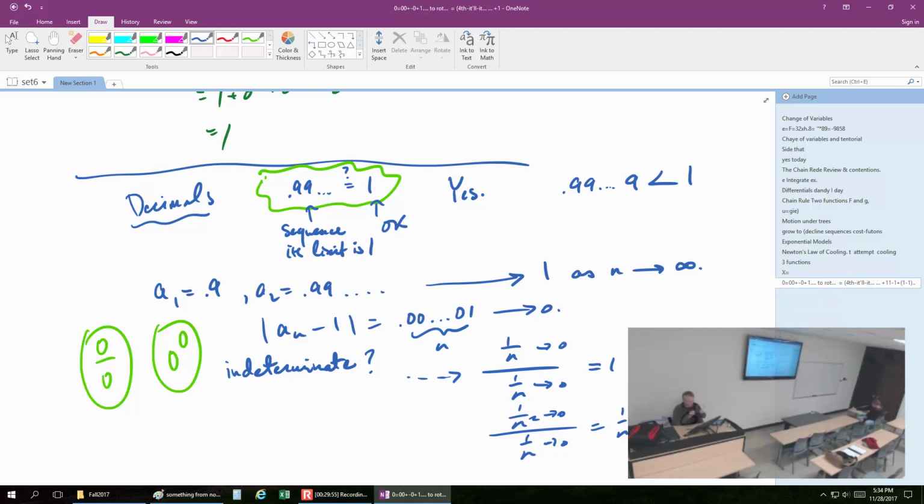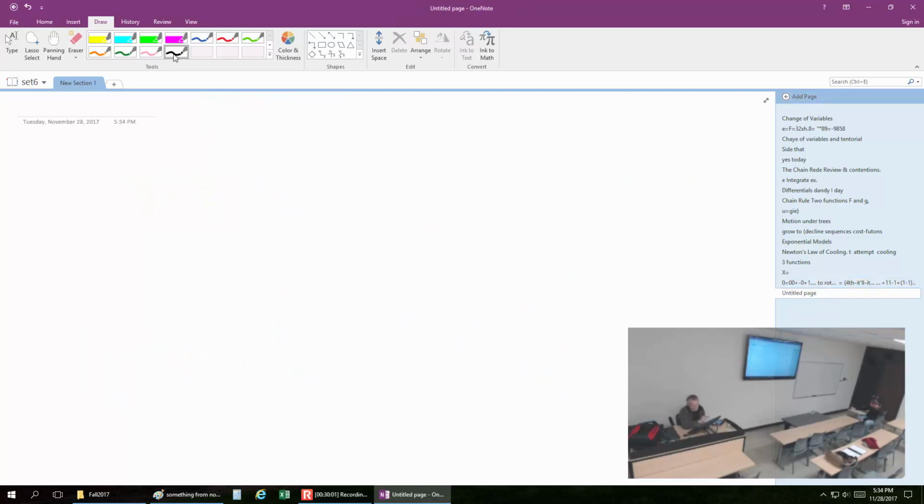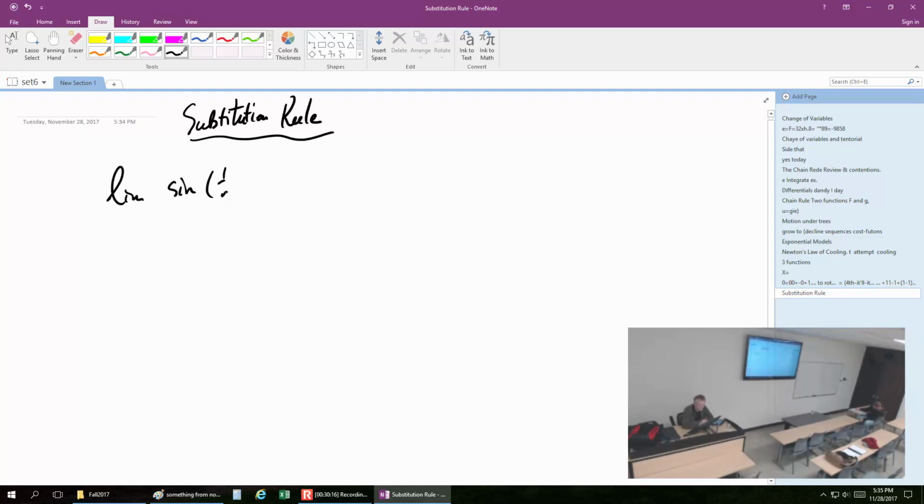And the composition rule, or substitution rule. It's most probably the trickiest one. So say the limit of sine of 1 over n as n goes to infinity. Okay, so it's not summation, subtraction, multiplication or division.